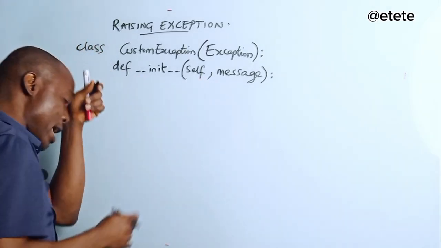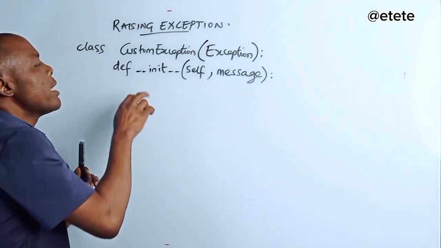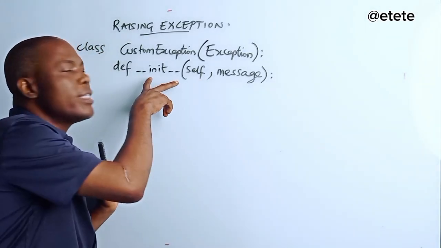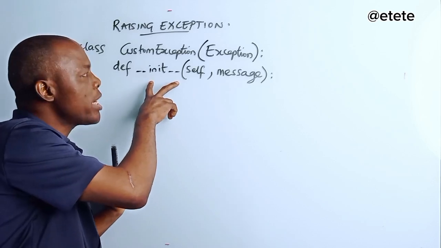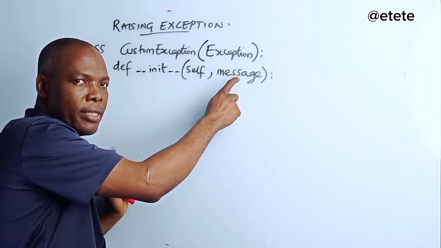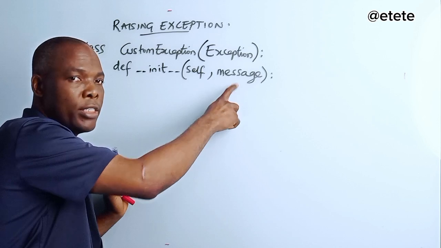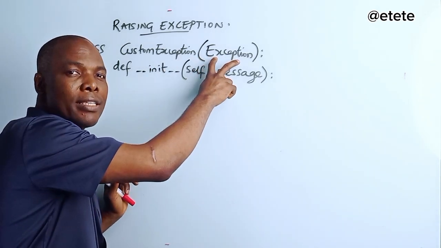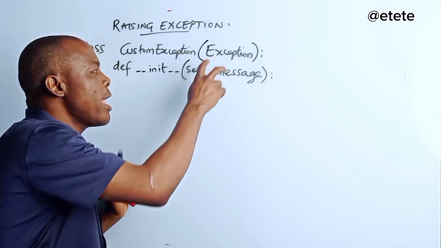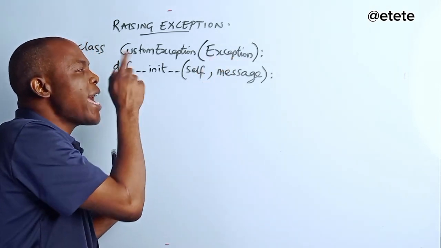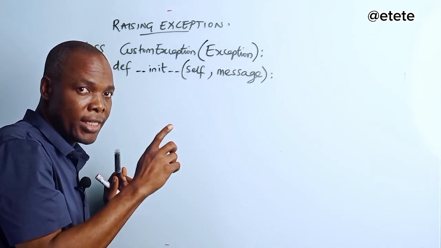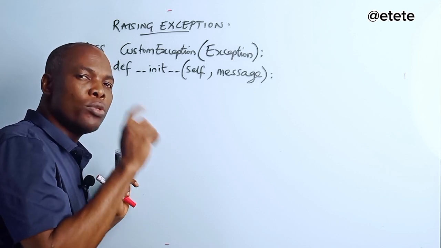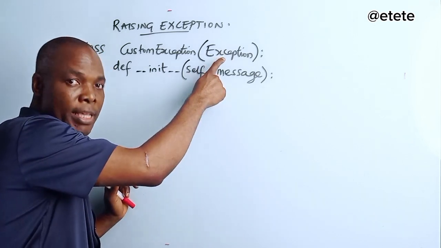Now, that is what I have created. This is my initialization method, which I'm going to use to initialize this message into my attribute. But since I'm inheriting from this base exception, the attribute that I'm going to initialize will be the attribute inside this base exception.